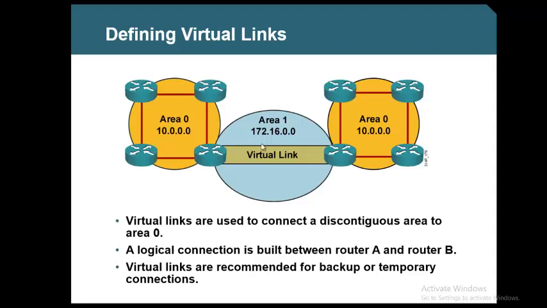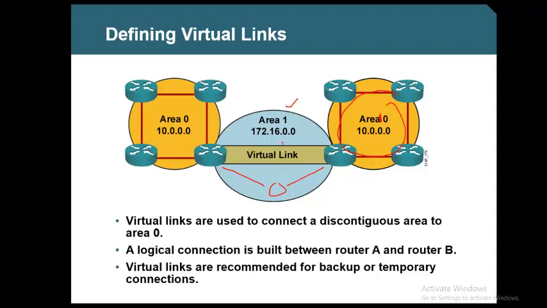Let us assume that this is area 0 and area 1 and area 10. Assume this is area 10. Area 10 should be connected to area 0 directly, but in this scenario, area 10 is connected to area 1. If it is connected to area 1, then the routes of area 10 will not be seen in any of the routers in area 1 nor in area 0.